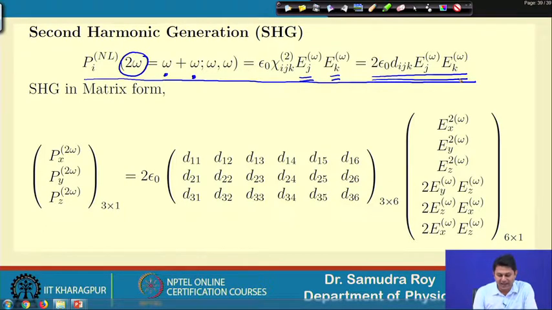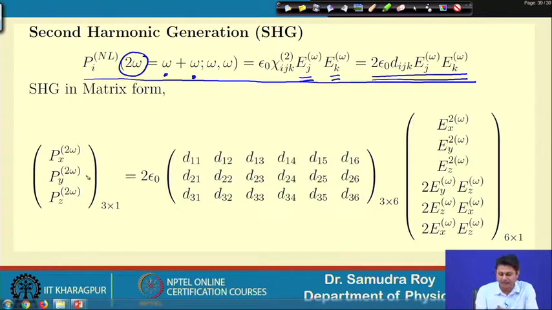Once we have this component form, it is necessary to write it in matrix form, because at the end of the day what we have in our hand is the d matrix. We know what d11, d12 are; in most cases, as I showed in the previous classes, most of the components are vanishing.